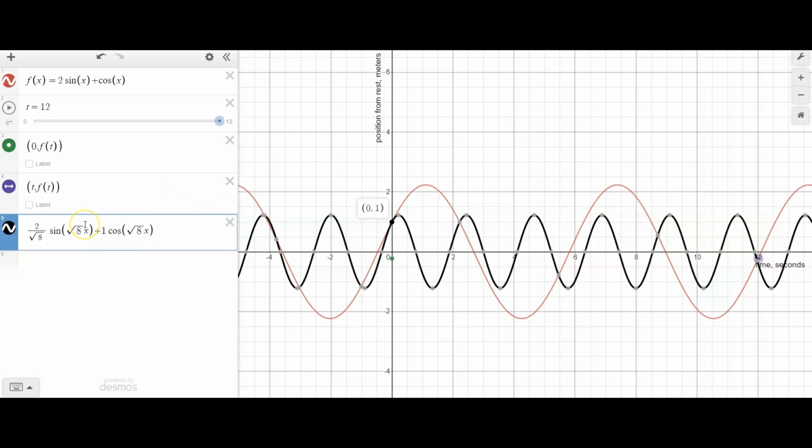Here we made the spring stiffer, and one thing we should note is that the very loose spring wobbled up and down very slowly, but now that we've put in a higher spring constant, this thing oscillates much more rapidly. That's the effect of having a stiffer spring.